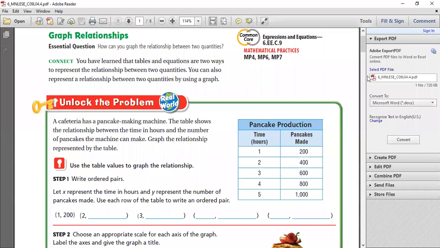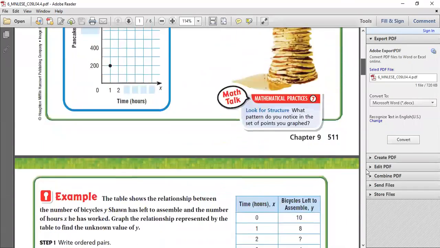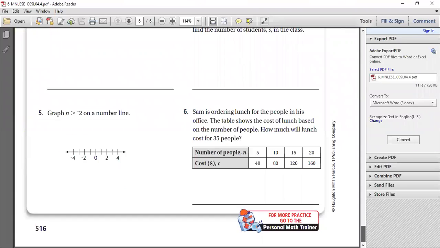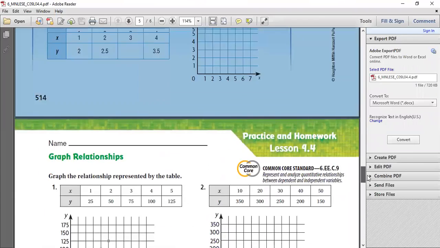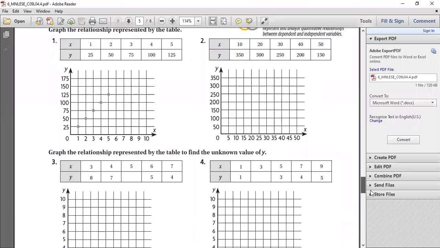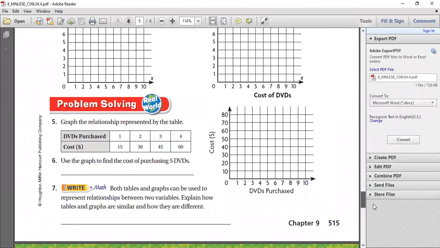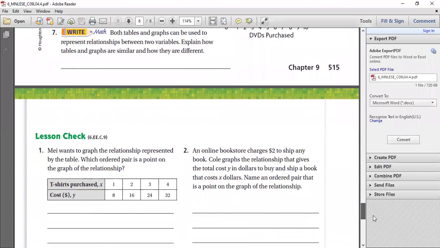Okay, so you will be doing page number 515, questions 1, 2, 3, 4, 5, 6. You will do all 6 questions on this page, and on the next page question number 1 only.